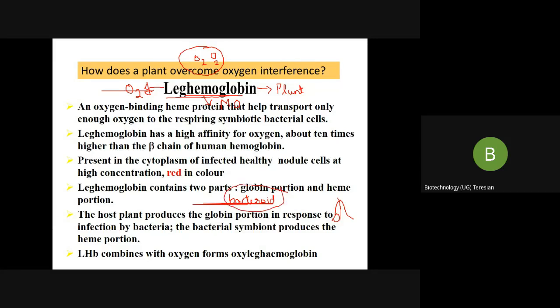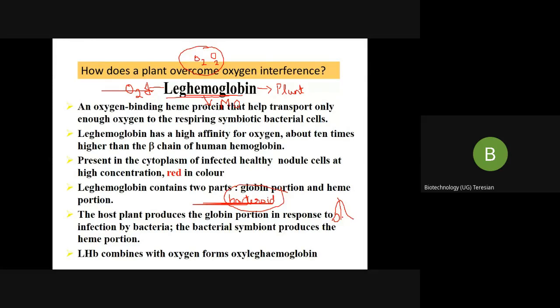So in the nodules, in the cortex, all the bacteria will be present, that is called the bacteroid. What did I tell? Your bacteria rhizobium is an aerobic bacteria, but once it enters inside the root to form nodules, it creates an anaerobic environment.